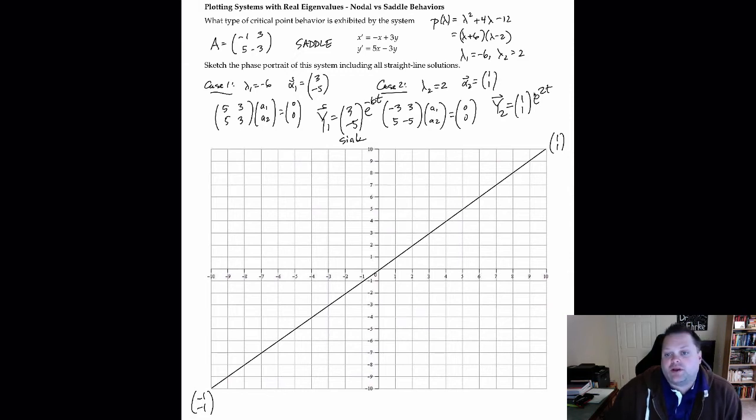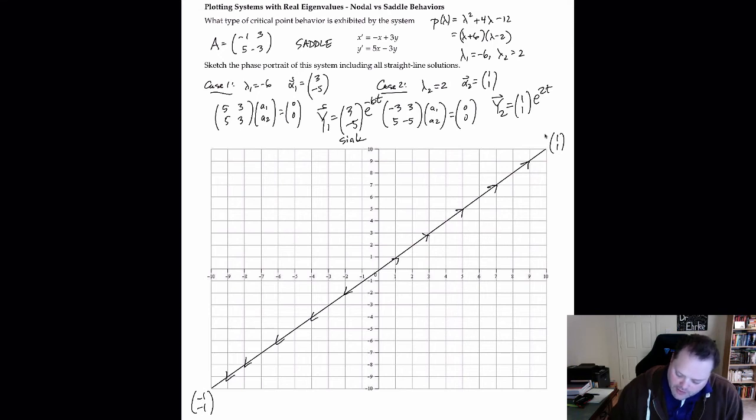So over time, unlike the last example, this vector will get bigger. So the arrows here should be pointed away from the origin, because over time the vector extends and becomes larger. I'm really just thinking of these arrows as showing where the vector is at different time snapshots.